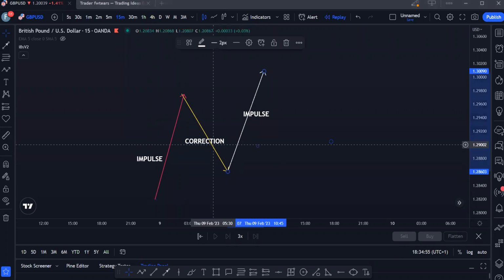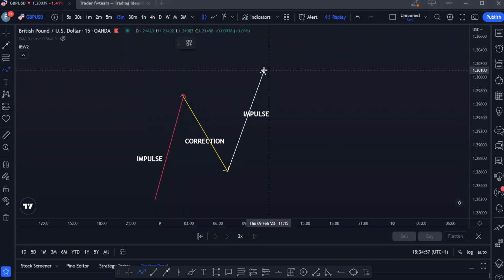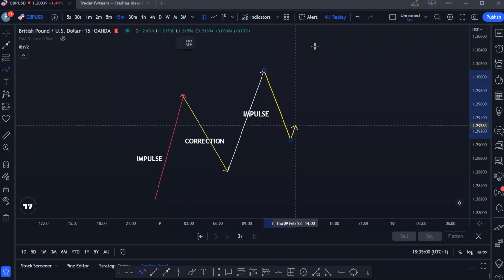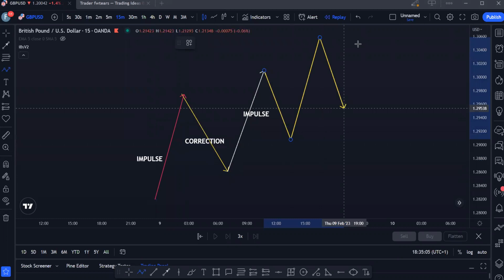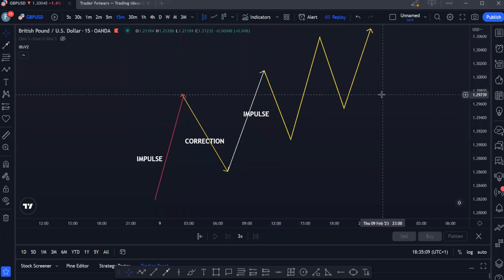We can keep having a correction like so, another impulse move to continue the trend, a correction, and another impulse move to continue that trend. So an uptrend is made up of a series of impulses and corrections.